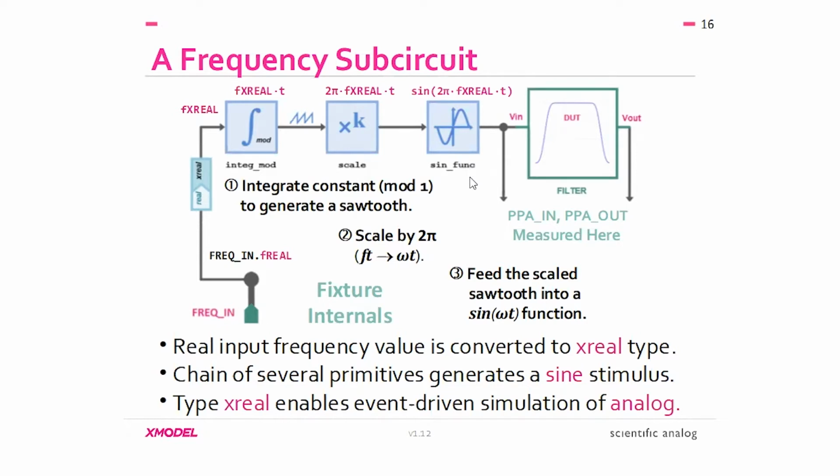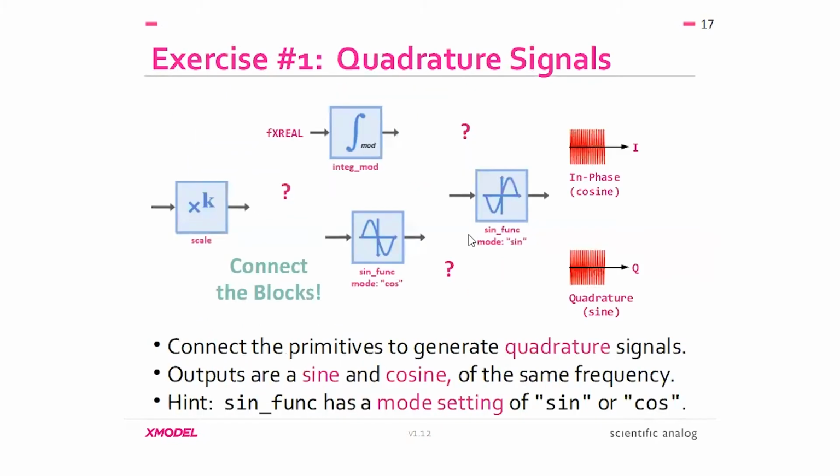You can choose sine or cosine behavior, and it also has an amplitude, and we set that parameter to 100 millivolts, which was within the specified range of our 9-transistor op-amp. So with a few primitives, we've now generated an analog stimulus to the DUT.